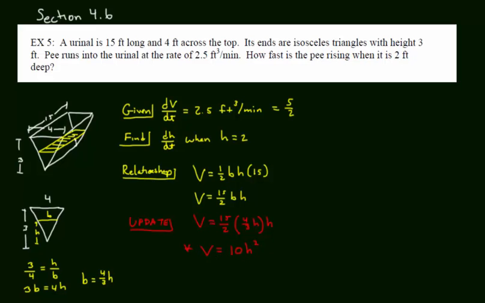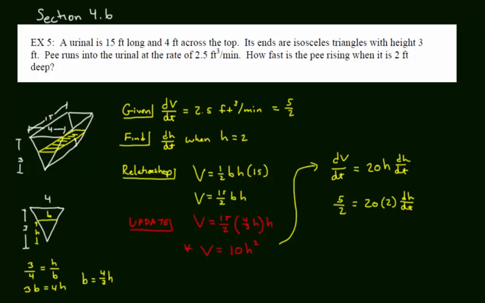Easy enough. Okay, we are ready to go through our process, finding the derivative and then substitution. So let me come over here with this, and we have dv dt equals 20h times dh dt. We're ready to substitute values. 5 halves is the given dv dt. 20 at a snapshot in time, the height is 2, and it is at that time we want to find dh dt.